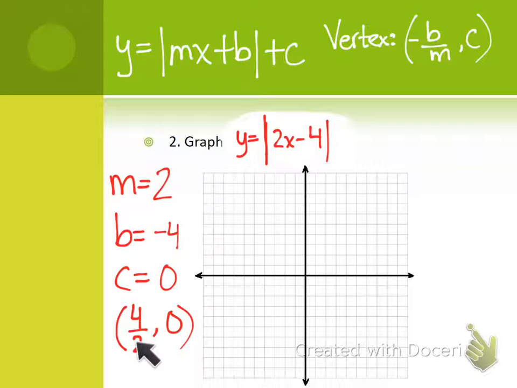But we know that 4 divided by 2 simplifies to be 2. So there's our vertex, 2, comma, 0. So it does come out to be a positive 2 for our vertex.